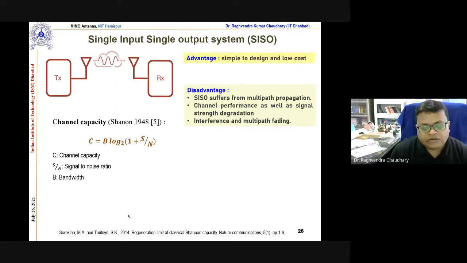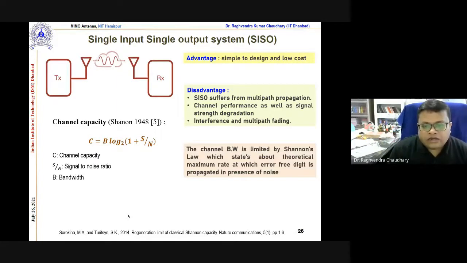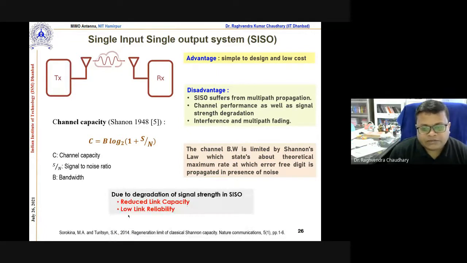given in 1948, this formula used a number of times, and it is limited by the Shannon law, the theoretical maximum at which data can be propagated in the presence of noise. So we have a number of limitations.